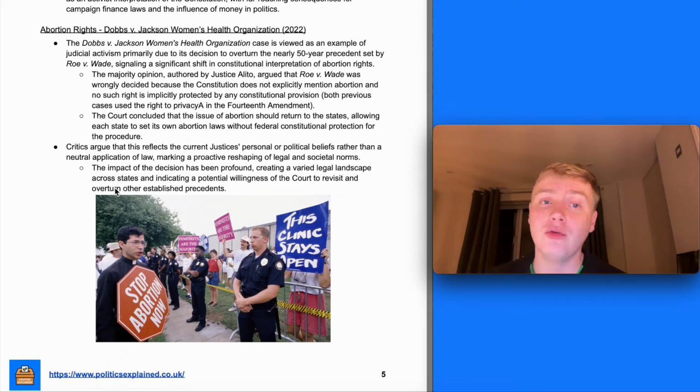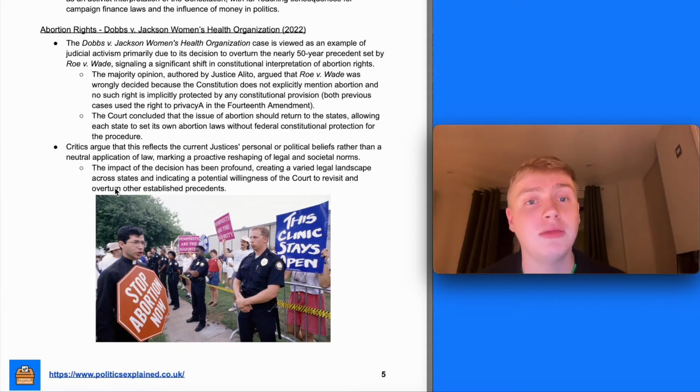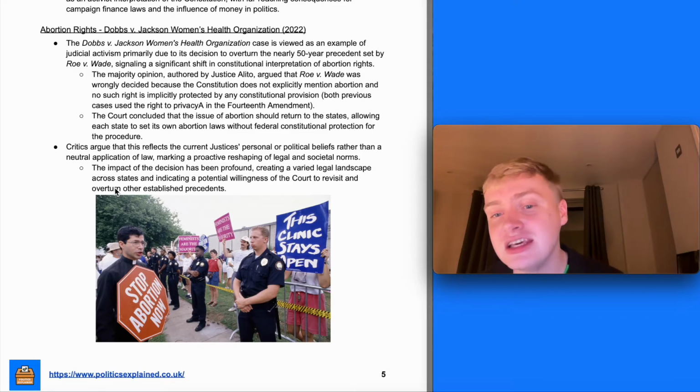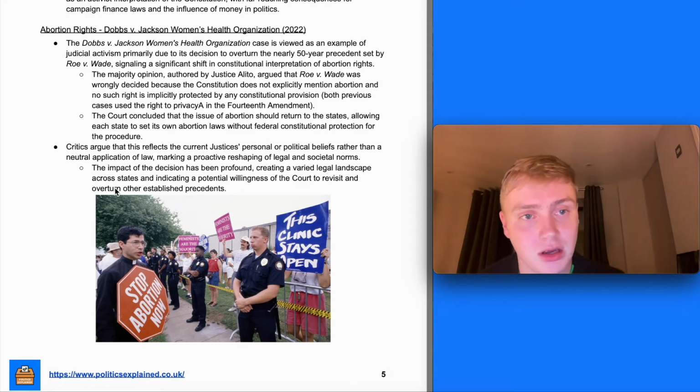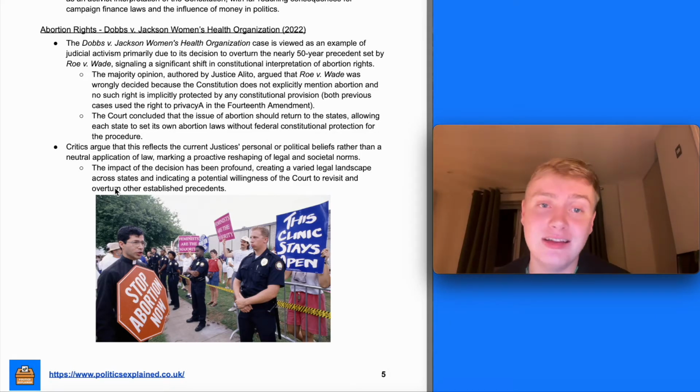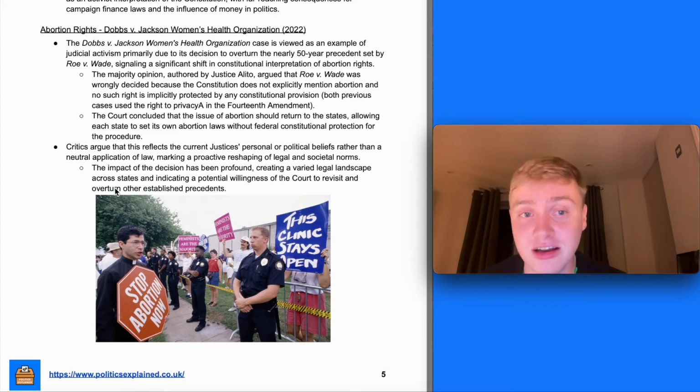And a key example is in relation to abortion rights. Dobbs v. Jackson Women's Health Organization in 2022 is viewed as an example of conservative activism by overturning the nearly 50-year precedent set by Roe v. Wade. So the majority opinion, authored by Alito, argued that Roe v. Wade was wrongly decided because the Constitution doesn't explicitly mention abortion, and no such right is implicitly protected by any constitutional provision.